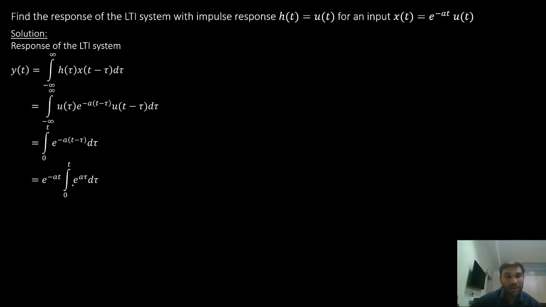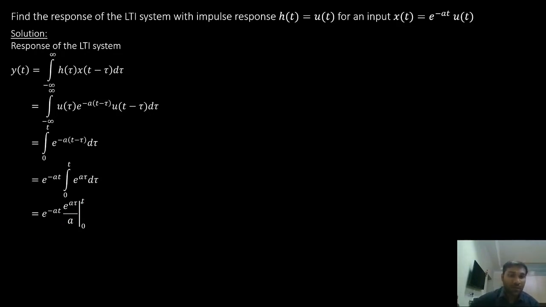Now I'll integrate e power a tau with respect to tau. What will I get? E power a tau by a. That is my integration of e power a tau, and my lower and upper limits are 0 to t. Now let me substitute these limits here. Now I'll have e power minus at.